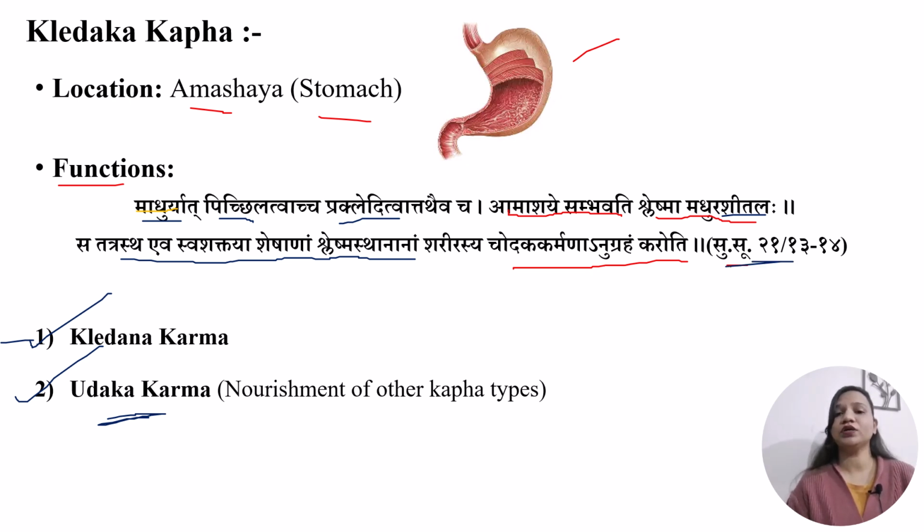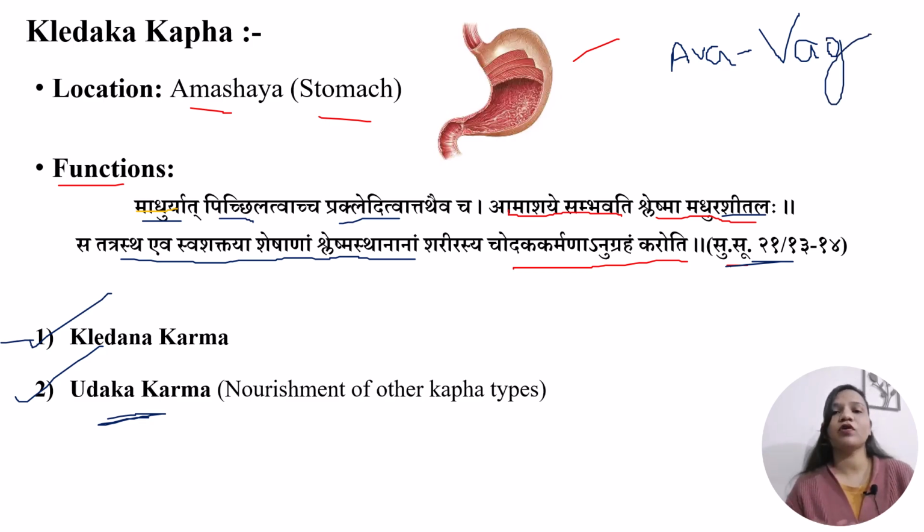And one thing you have to keep in mind here is that the first kapha type that we have discussed, which is the Avalambaka Kapha, according to Acharya Vagbhat, performs the udak karma.